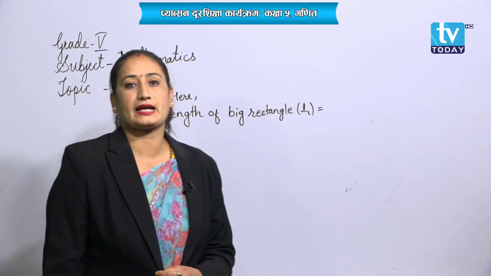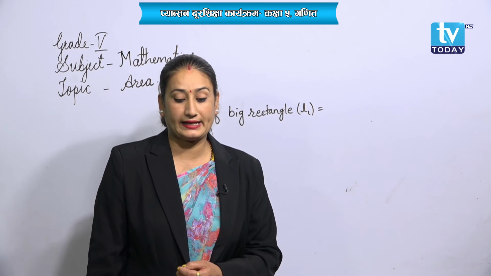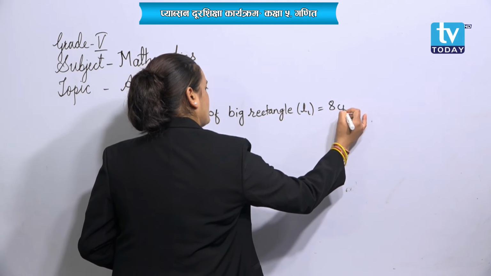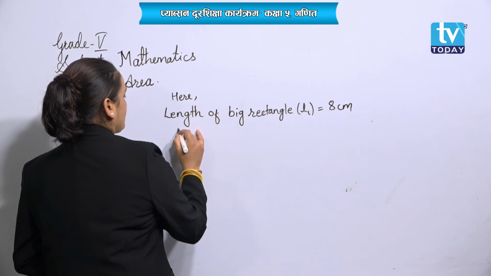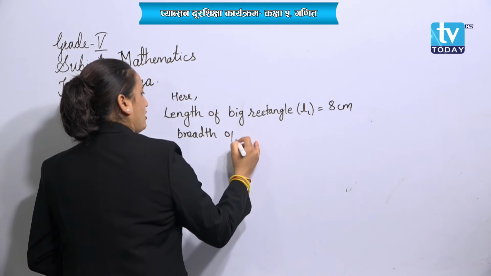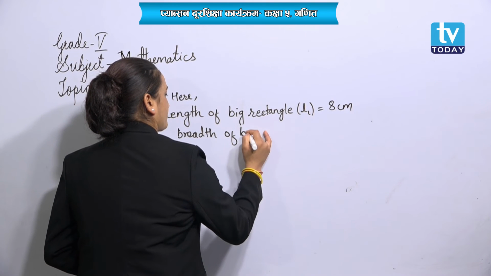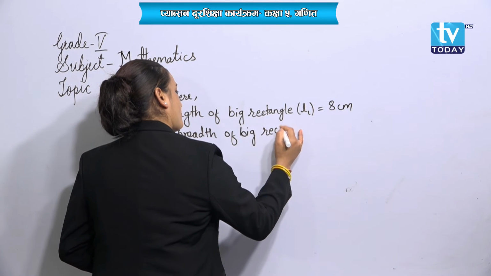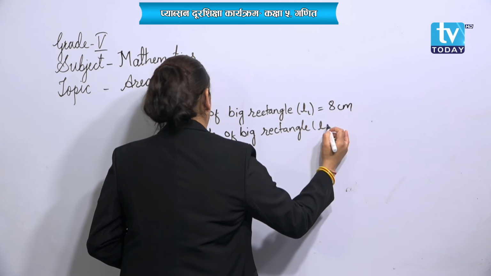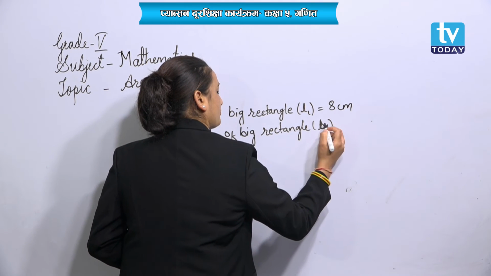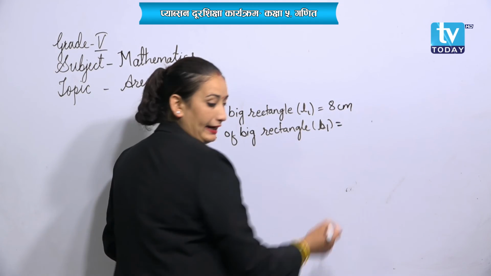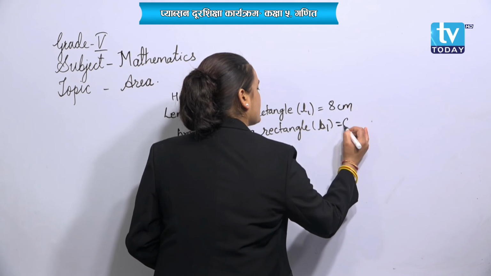L1 is 8 centimeter and its breadth, breadth of big rectangle B1, equals 6 cm.